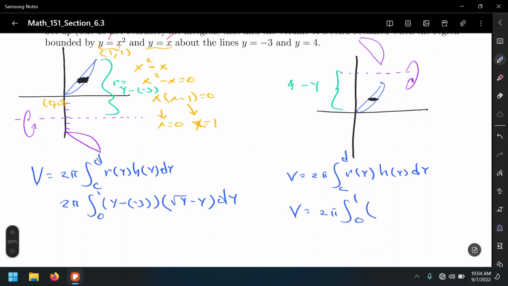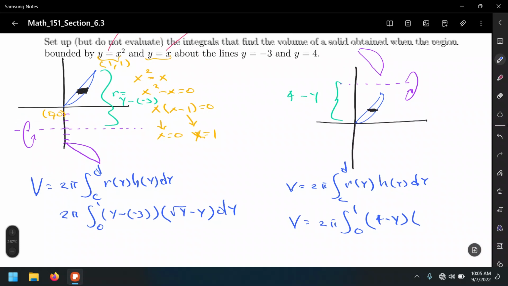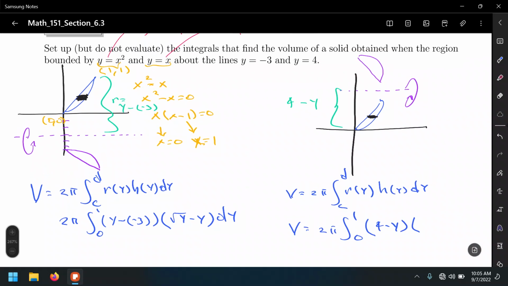So the radius, which is the axis minus y, is 4 minus y, times the rightmost minus leftmost. Notice the rightmost is going to be the curve defined by y equals x squared, but since we're using functions of y, not functions of x, that's x equals root of y.